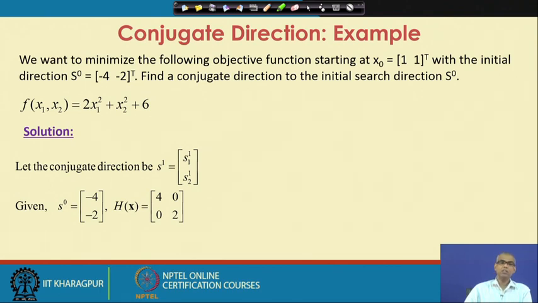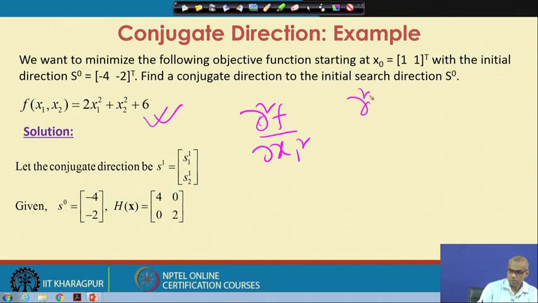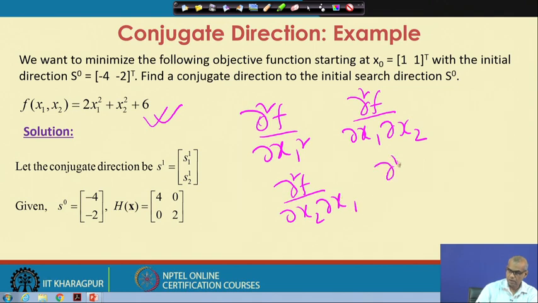So, you can find the Hessian matrix by considering del square f del x1 square, del square f del x1 del x2, and del x2 square.